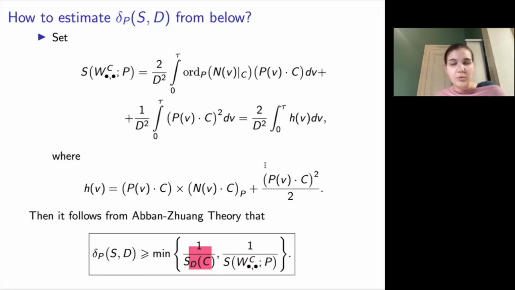And this works, not always, but usually, for negative curves C. So if our point belongs to some negative curve, this gives a good enough estimation to know the exact number for the local delta invariant.